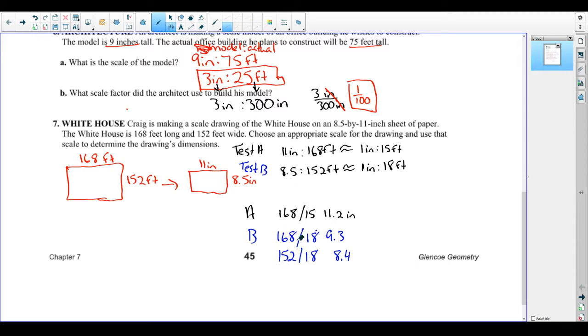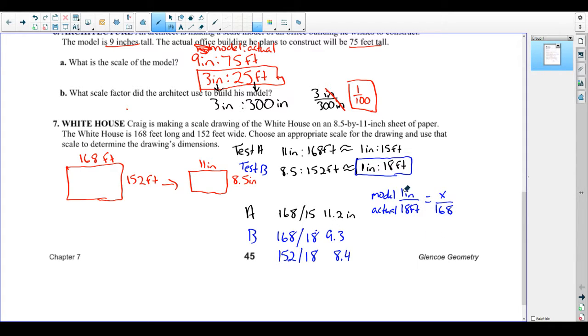Another way we could look at this, if you're wondering where these numbers came from: we know this is the scale we want. So if I made a proportion, 1 inch for 18 feet, the model or the paper over the actual, that's going to be equal to, we can pick any of our sides here, x over 168.